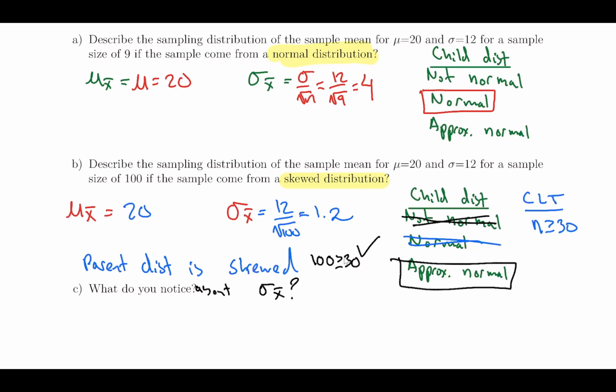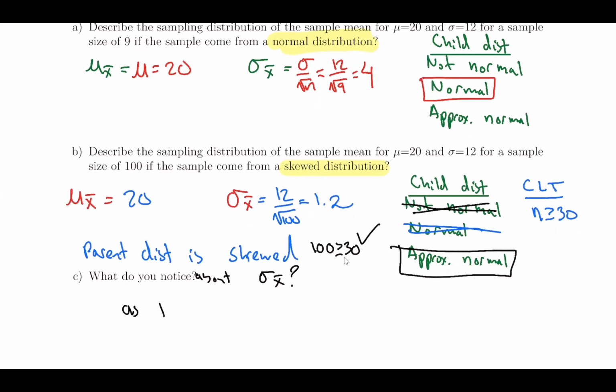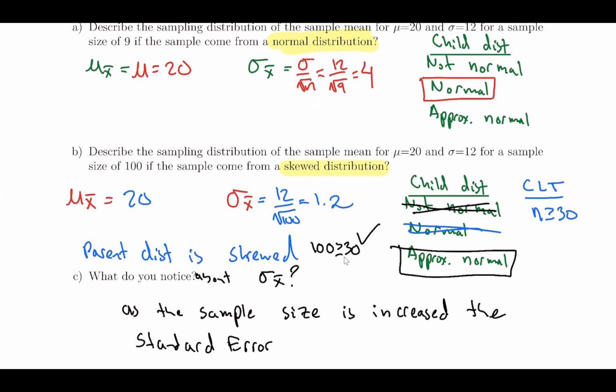B. So if you kind of notice, as the sample size is increased, the standard error, sigma of x bar, got smaller.